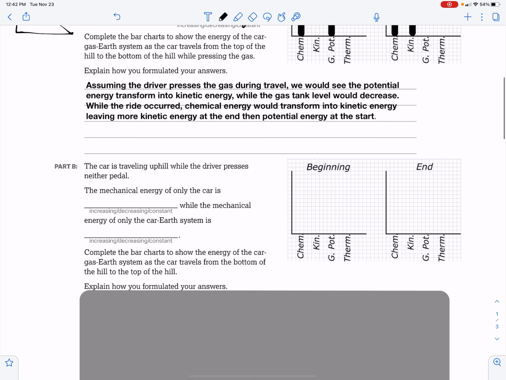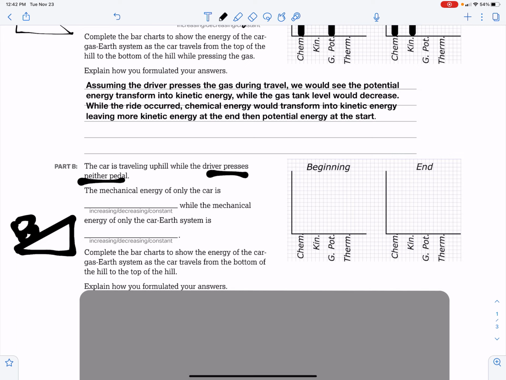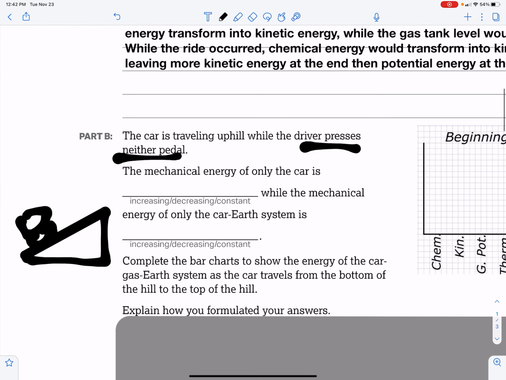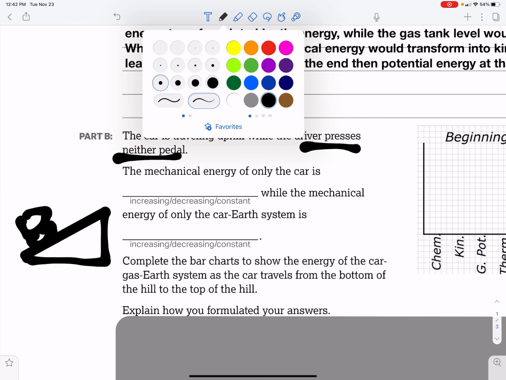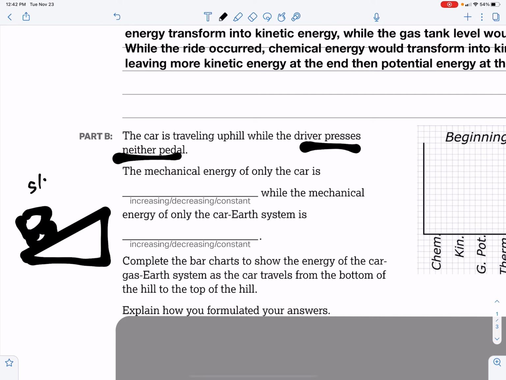Part B. The car is traveling uphill while the driver presses neither pedal. Okay, so think about it. What's the car doing? It's coasting going uphill. That means the car has to be slowing going forward.